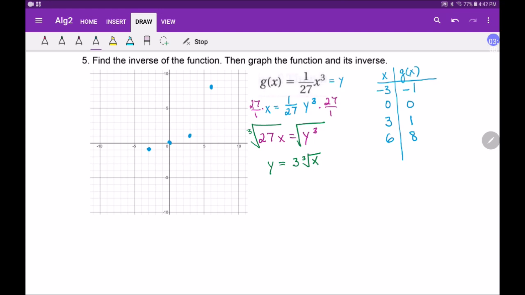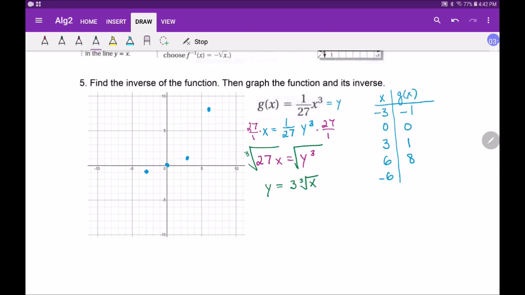Just for fun, to flesh this out some more, if we said negative 6, it would be the same thing as before, but because it'd be a negative 216, we'd get a negative 8, right? So, seems reasonable. Here is our cubic looking function, and that seems right.